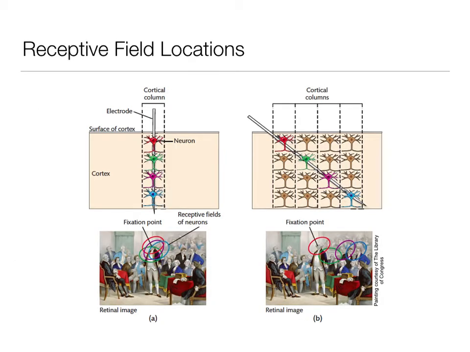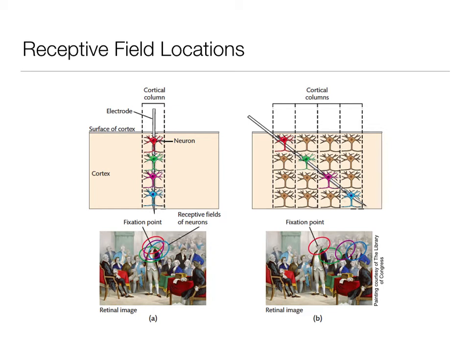So here's an example of that. When they look at the activation of one cortical column, which is what we're seeing in image A, we see that because the neurons are on top of each other, the receptive fields are on top of each other. These receptive fields all overlap. So when they stick an electrode down one cortical column, all those receptive fields are going to overlap in the visual field.